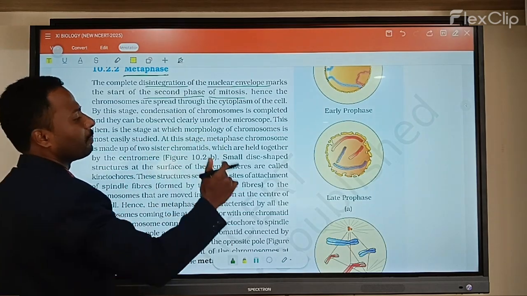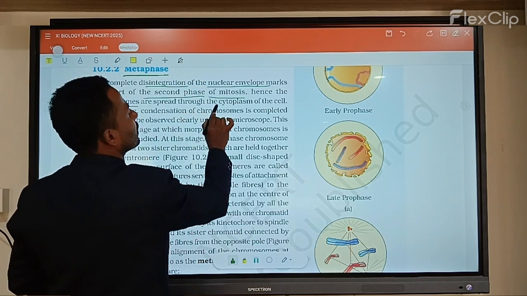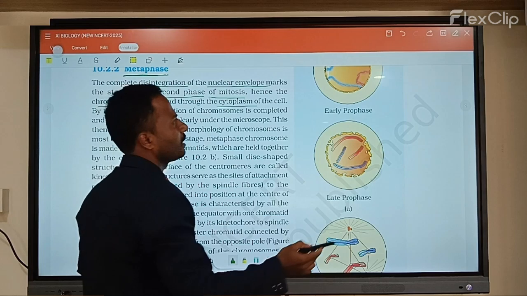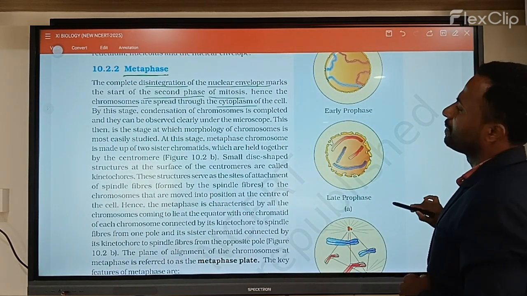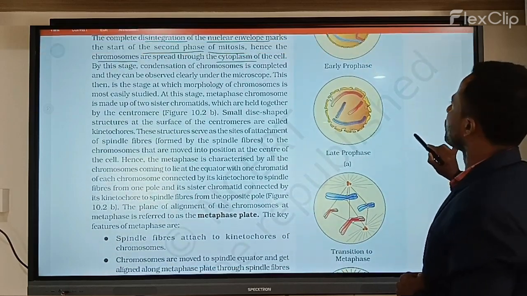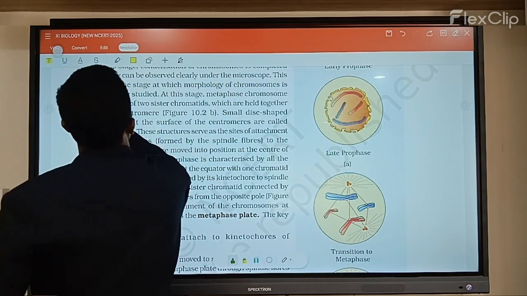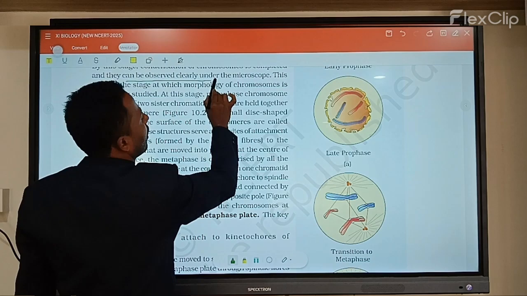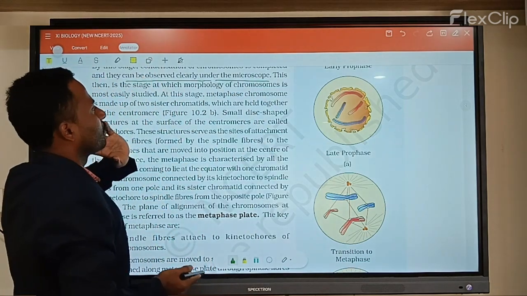In the metaphase, the chromosomes are separated through the cytoplasm of the cell. So the entire chromosomes get completely separated. By this stage, condensation of chromosomes is complete, and they can be observed clearly under the electron microscope.